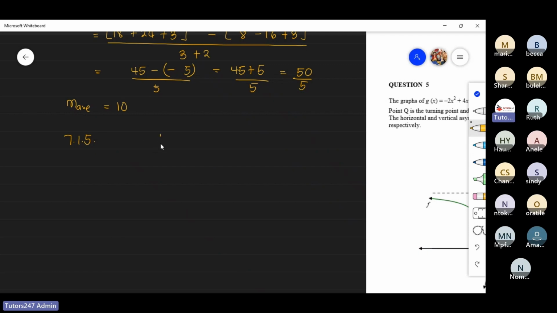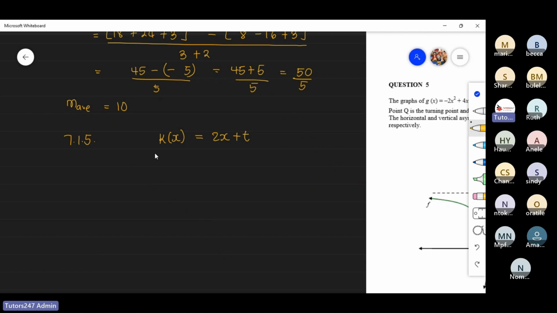Keep in mind we are equating k of x to 2x plus t. The reason that we are equating the two functions is because they are intersecting one another.